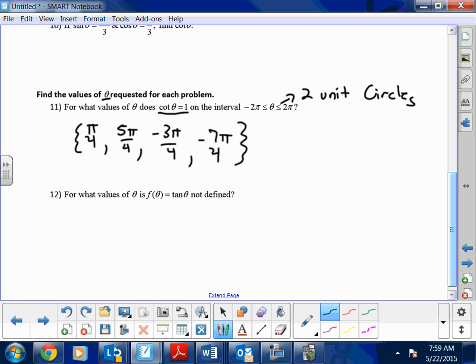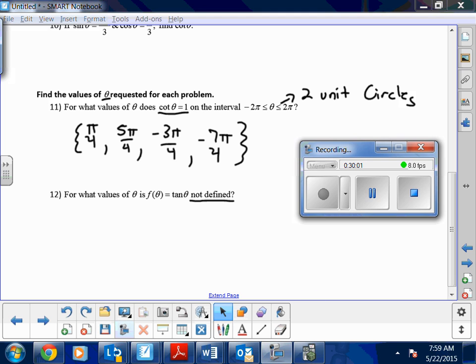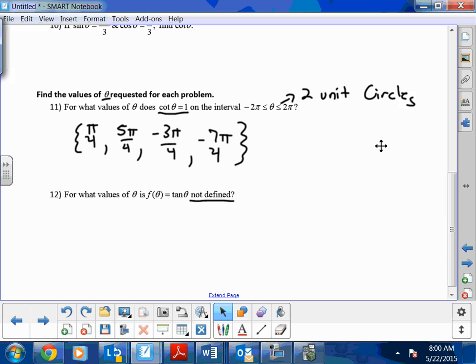Now it's asking us for what value is f of theta, tangent, not defined. Great, we're back. Now, it's asking us specifically, when is tangent theta not defined?